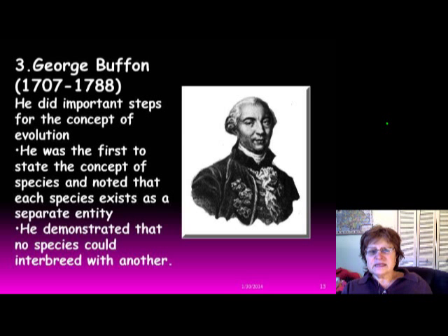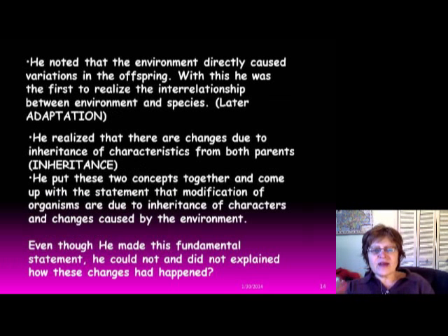He also noted that the environment directly causes variation in the offspring, with which he was the first to realize that there is a relationship between the environment and the species, and later we call this adaptation. He realized that there are changes due to inheritance of characteristics from both parents, and that's inheritance. So he was the one who first described the fact that kids are inheriting behavior and characteristics from their parents.